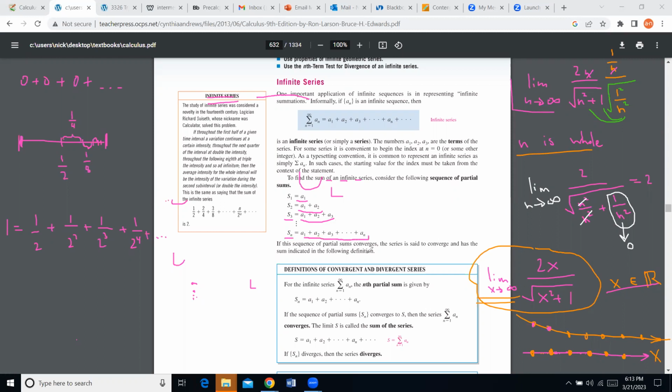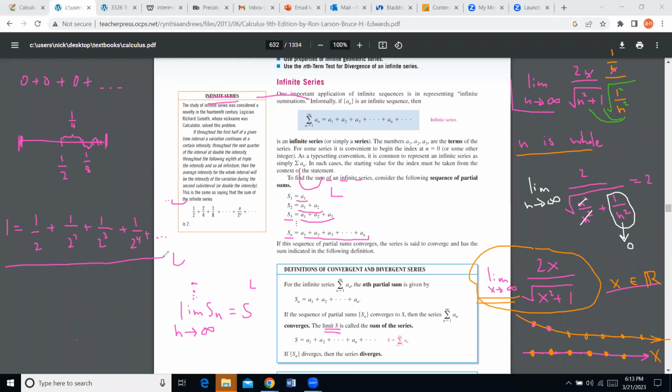Then they say that when you take the limit of this n-th sum as n approaches infinity, you get the actual number, and we call it the sum of the whole sequence. And if it's finite, we say that there is a sum, like in the example I have here, the sum is finite, it is actually number 1.